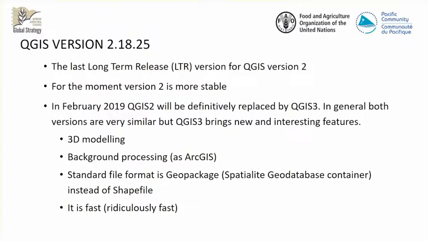What's new in QGIS 3? 3D modeling. So we have more 3D modeling capabilities. We have background processing, which means that we can start a process and keep it working in the background and keep working on other stuff we're doing. This is something that for the moment in QGIS is not possible.